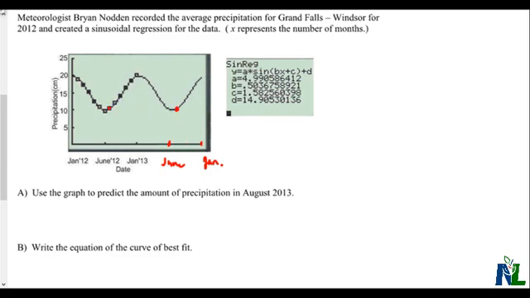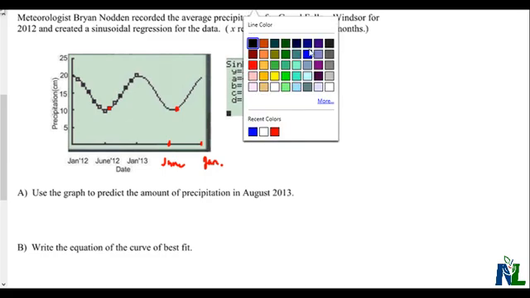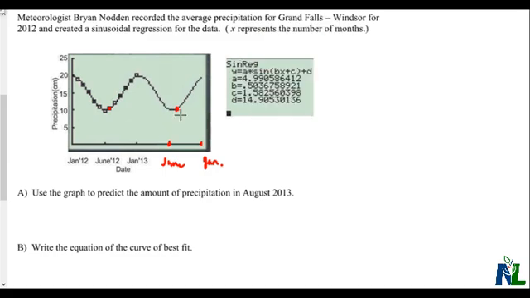If we trace that across, you see we're roughly around a value that's a little bit above 10. So I would probably go with a value of 11 millimeters of precipitation. So for August 2013, we're looking at roughly 11 millimeters, or 11 centimeters, sorry, of precipitation.